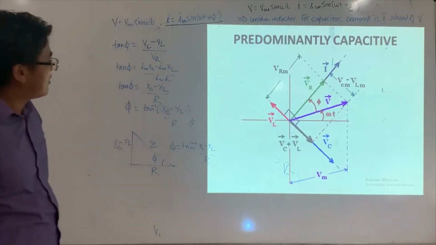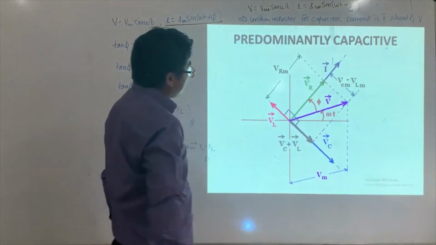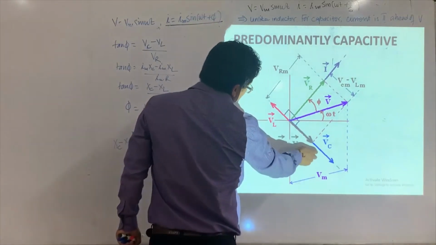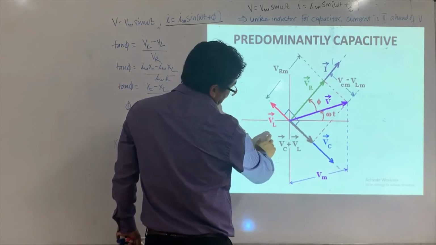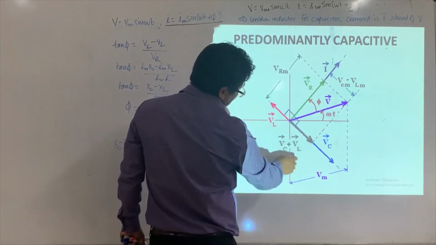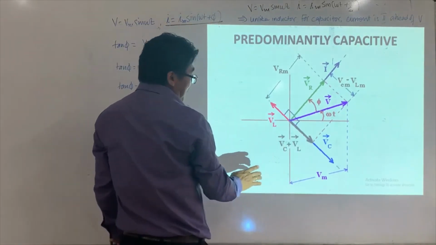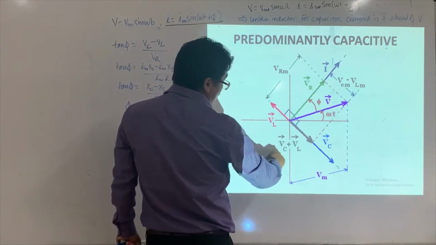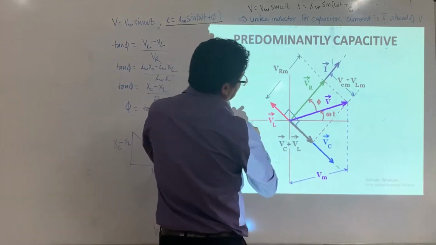Again, this is the better diagram with some color. This is VC, this is VL. They are along a straight line but opposite, so the magnitude would be the difference, VC minus VL. You may be surprised why it is not a plus. This is vectorial, so the magnitude will get a minus.